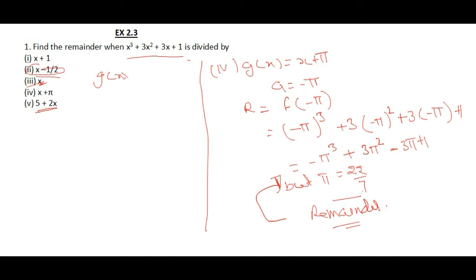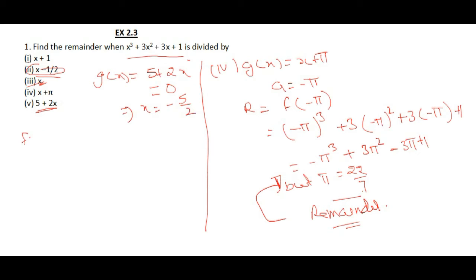For g of x, our first step is that we have to find the zero of g x. So what will be the zero of this g x? I will equate it to 0. So I will get x is equal to minus 5 upon 2. So what will be the remainder in this case? x is equal to minus 5 by 2 in this.